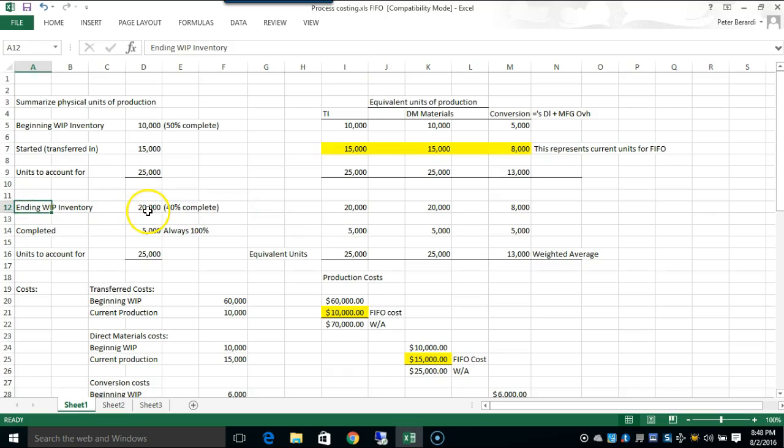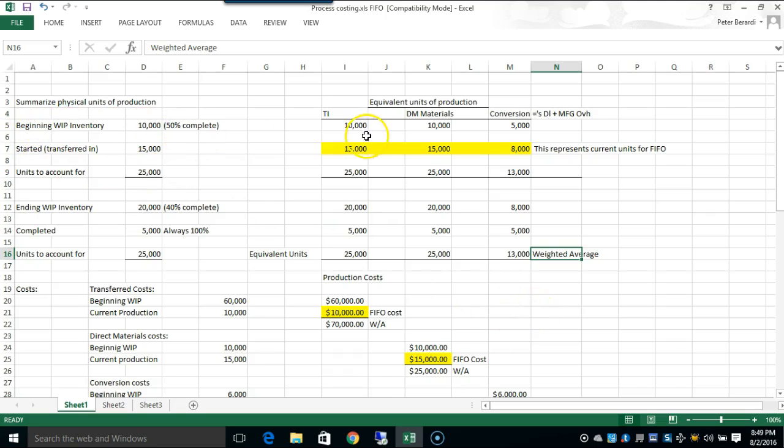Ending WIP inventory, whatever number your ending WIP inventory is, it's going to be 100% transferred in unless otherwise stated, 100% direct materials unless otherwise stated. Then you take your percent complete and apply that to your conversion. These two numbers give you your equivalent units of production totals. And these are the equivalent units of production used for the weighted average method.